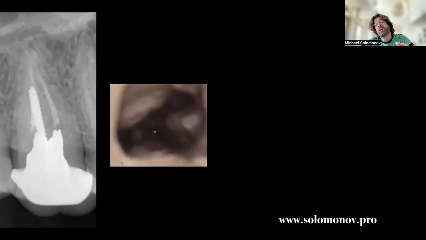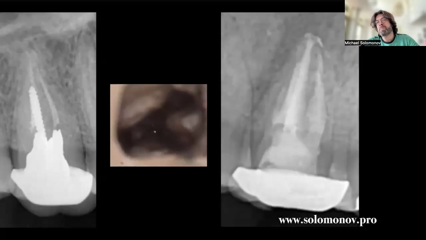And because it's C-shaped and a very difficult anatomy, we understand that just cold lateral compaction is not enough in this case. I use a combined technique, and in this combined technique, I much more emphasize the work with warm vertical compaction. This is the final result.